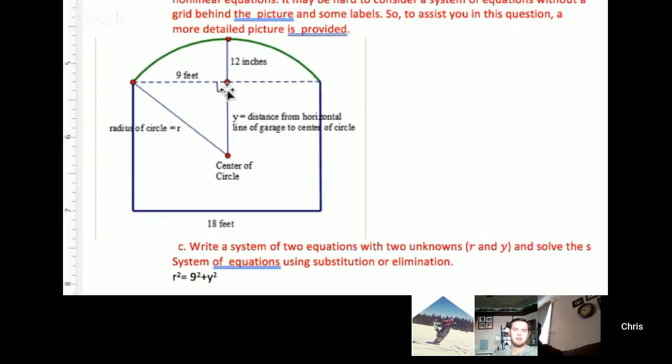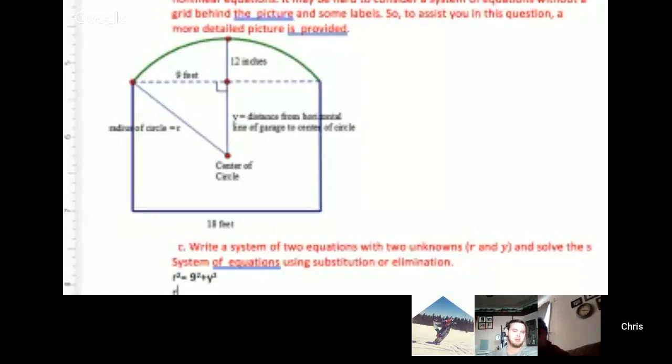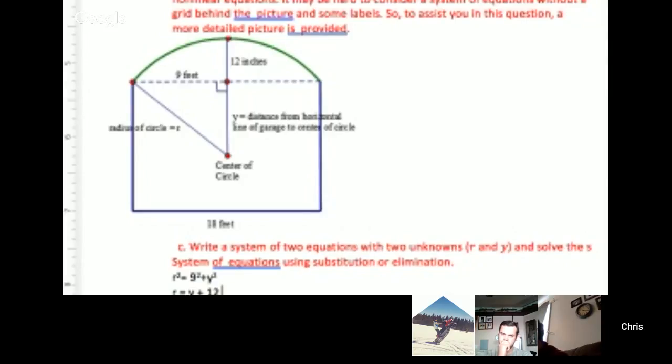So r also equals y plus 12. Hey, that might be a system of equations right there. Now can we just solve for y or r or something? Maybe.